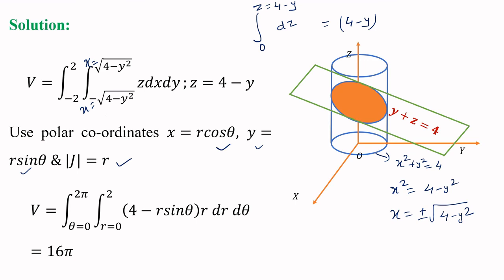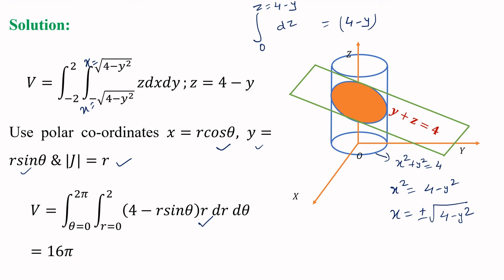So the required integration V will be what? The angle theta is 0 to 2 pi, r will be 0 to 2, and z will be 4 minus y, so it is 4 minus r sin theta. This r is the Jacobian, and dr d theta that we get. So after solution, the answer we get is 16 pi.